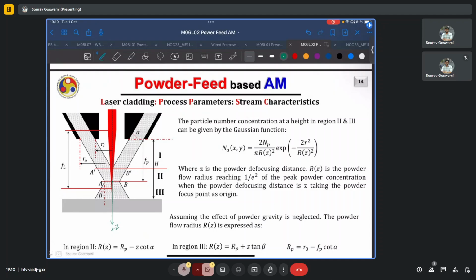So for the case of say in region 2, so somewhere here, rp is this radius, z is the distance we are going back, and alpha is this angle.